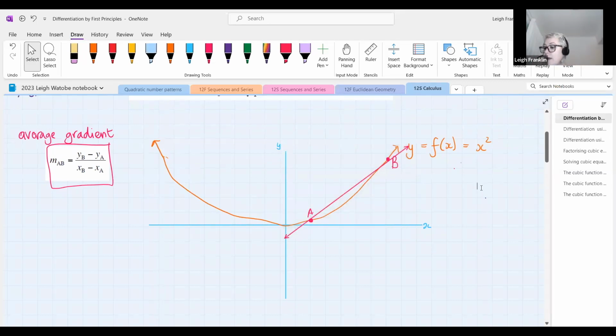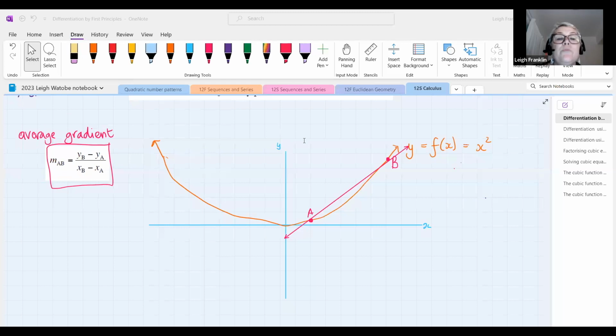So if I am calculating the average gradient from A to B, it basically means that I have connected A and B with a straight line and I'm working out the gradient of that line. That's what average gradient means. But that doesn't tell me what the gradient is at A, and it also doesn't tell me what the gradient is at B. It just gives me an average. So I want to know what the gradient is at A specifically.